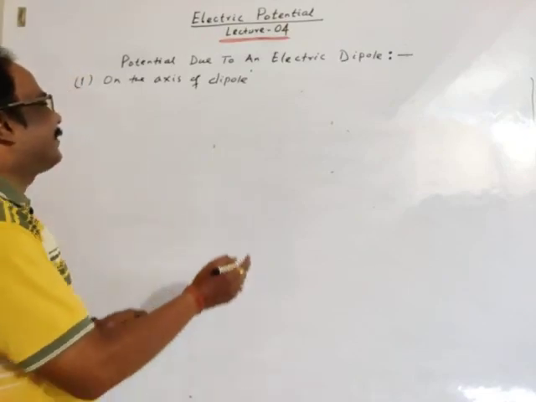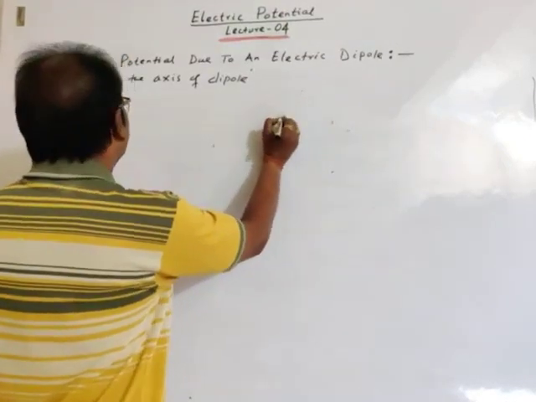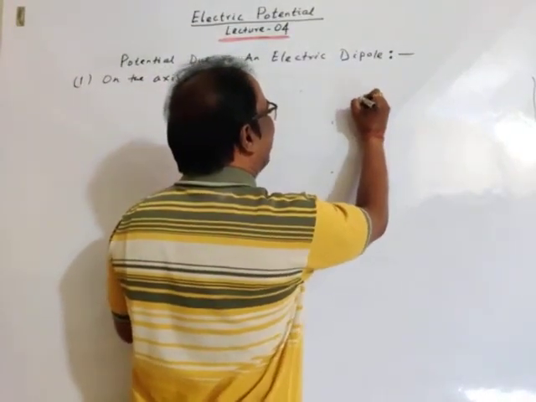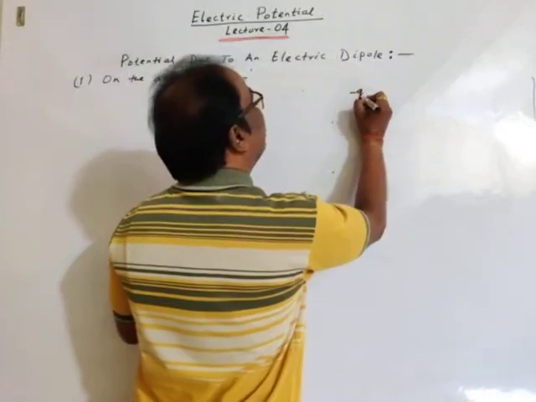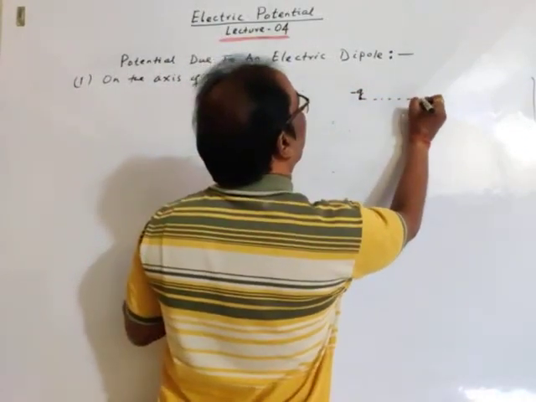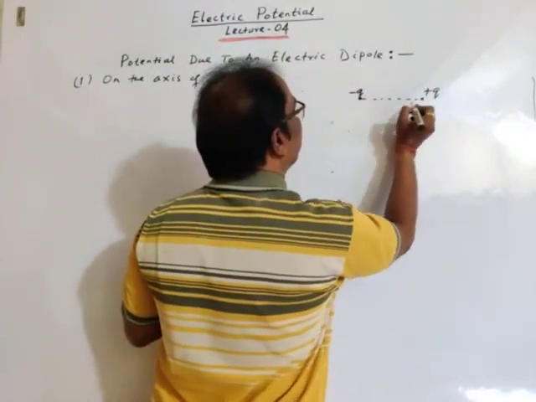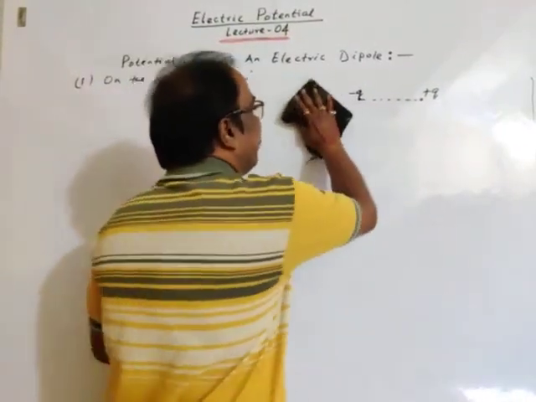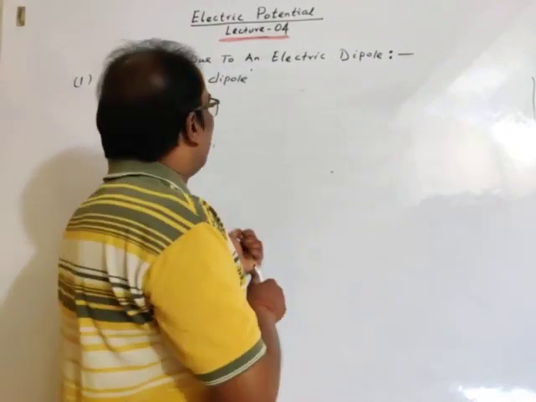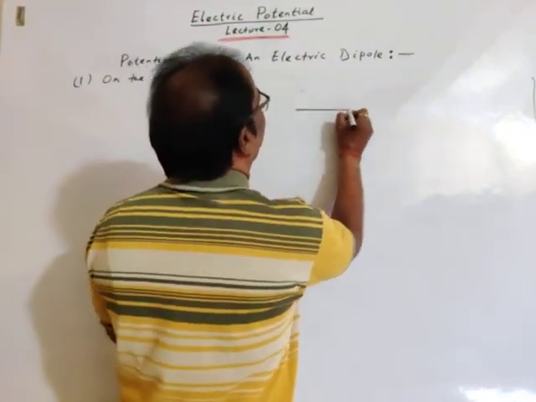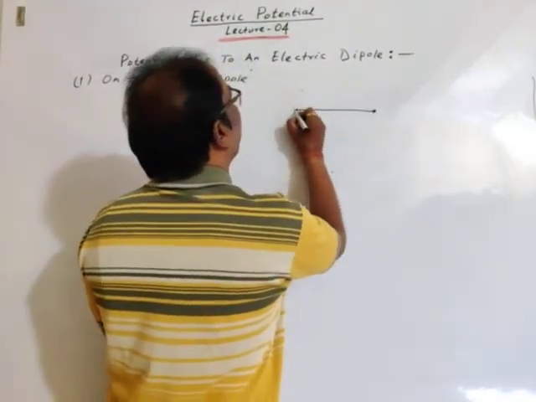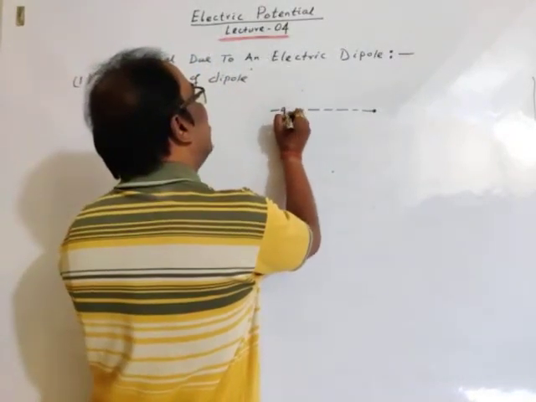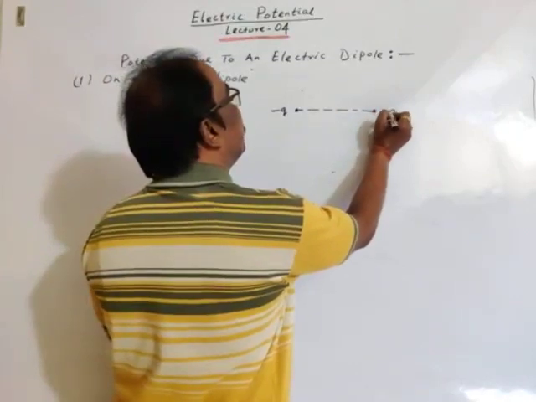Let's consider this is an electric dipole. This is minus q and this is plus q.